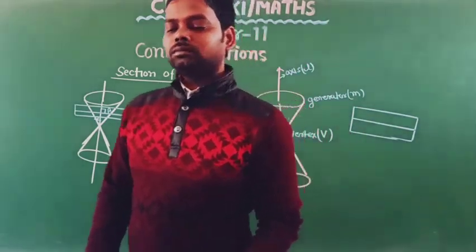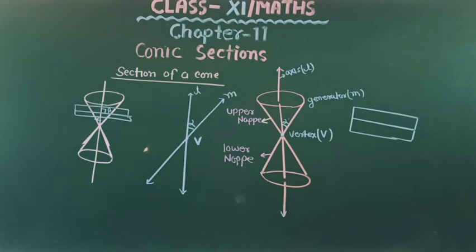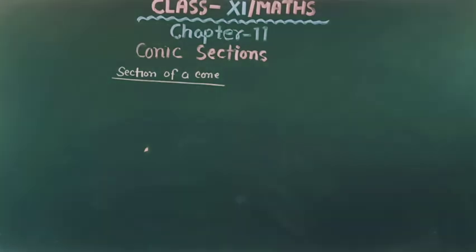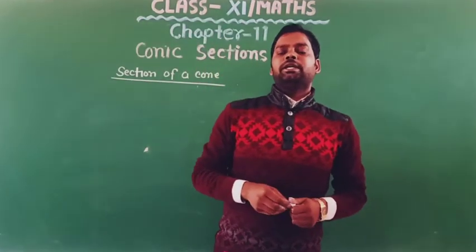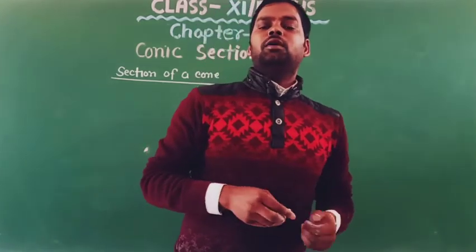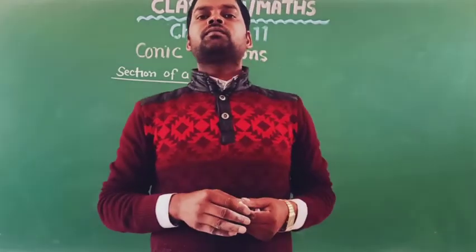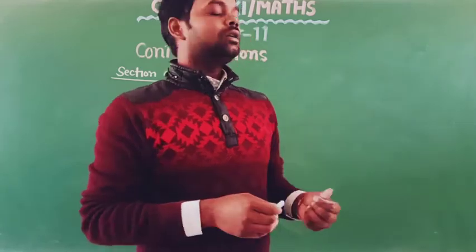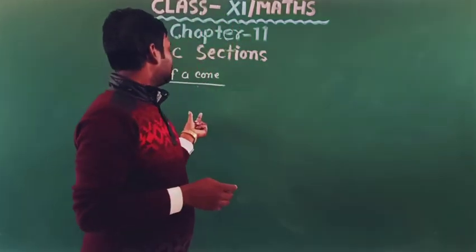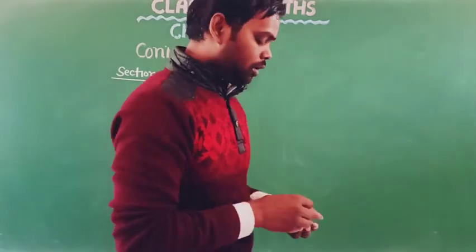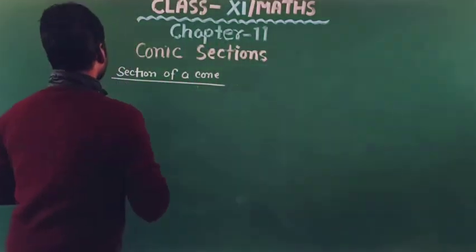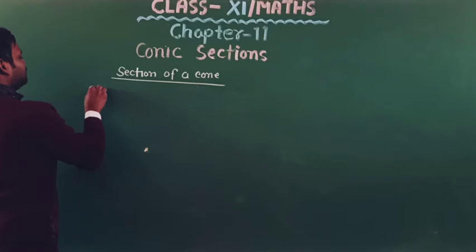Okay children, so different sections will be obtained when a plane intersects the double right circular cone at the napes or at the vertex.